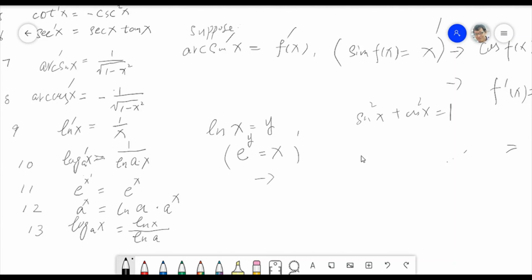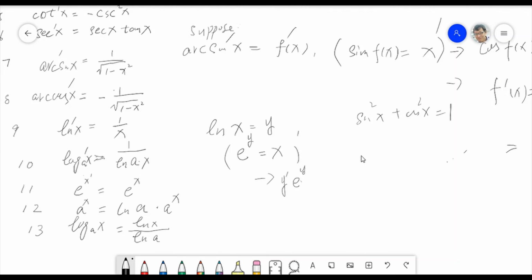The derivative of e to the y is still e to the y. But remember, y itself has to be differentiated, giving y prime, because y equals log x. So y is not x, so y has to be differentiated.